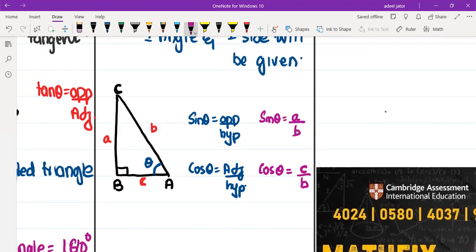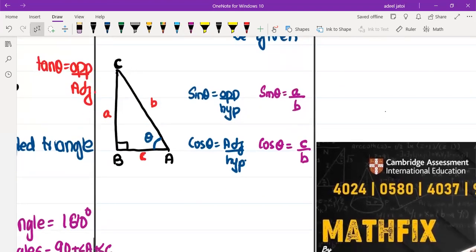So c upon b defines cos theta here. The last remaining thing is tan theta, and tan theta is opposite upon adjacent. That means it does not have hypotenuse. So tan theta will be a upon c. That means opposite to theta is a and adjacent to theta is c.